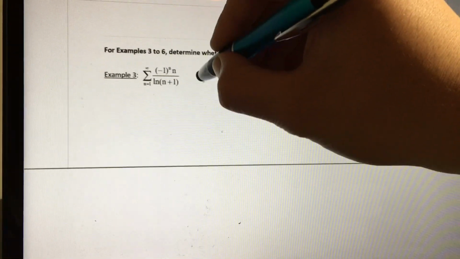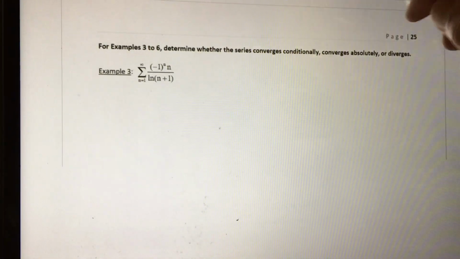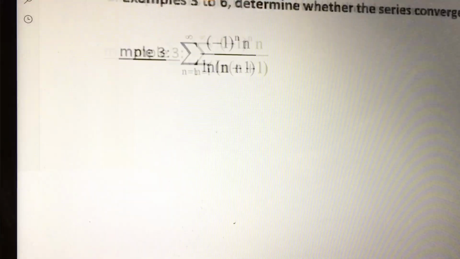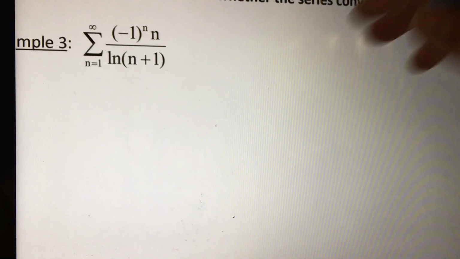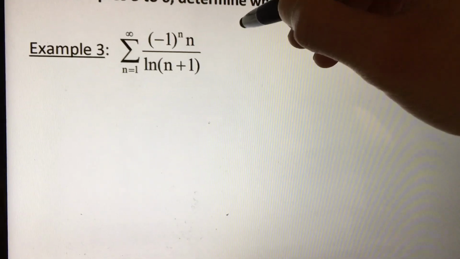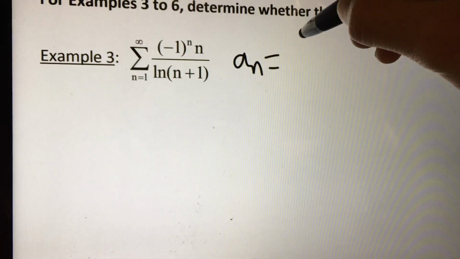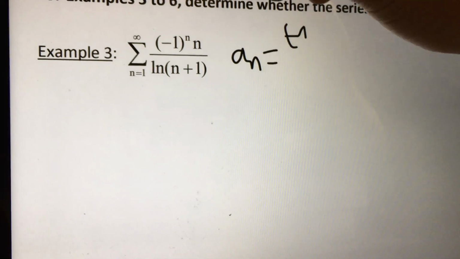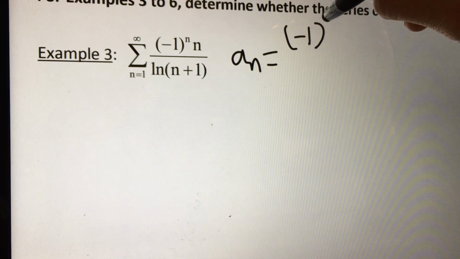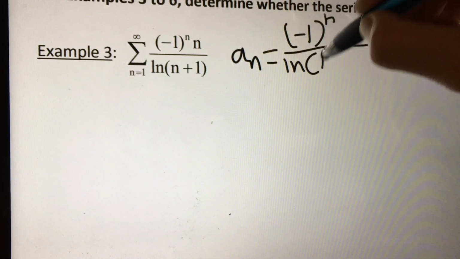We know a sub n equals negative 1 to the n power times n all over ln of n plus 1.